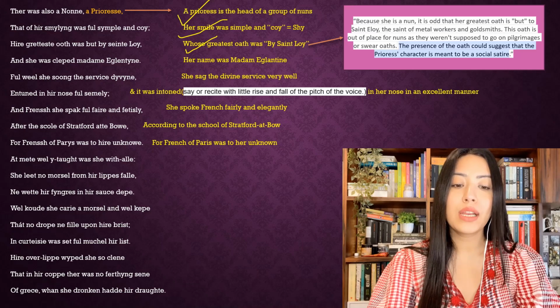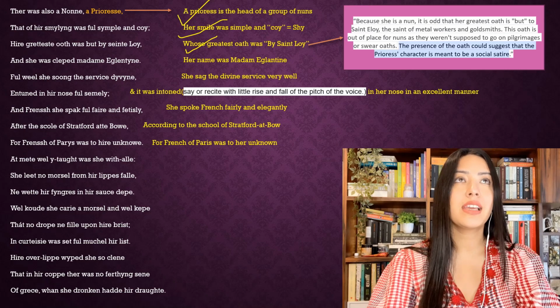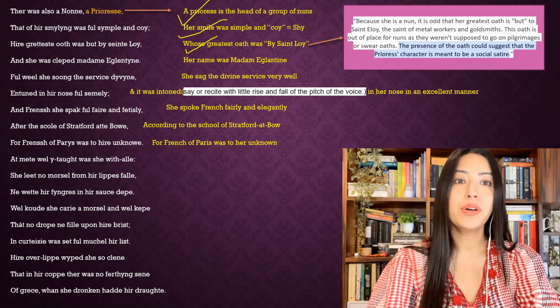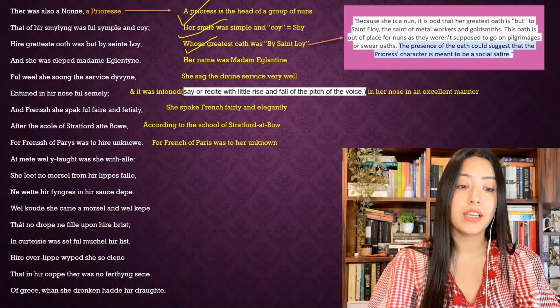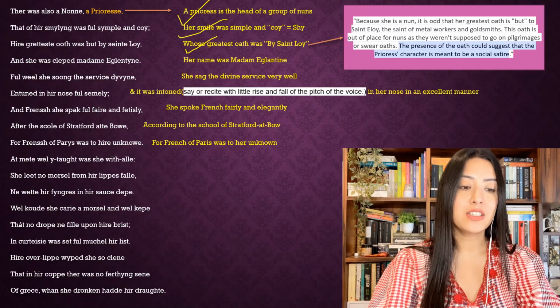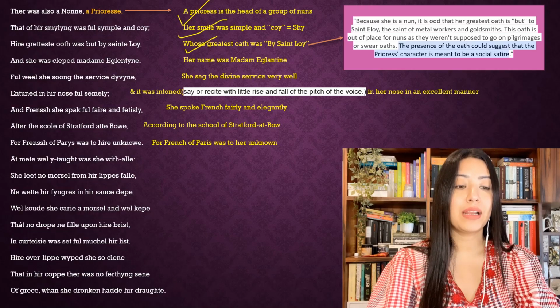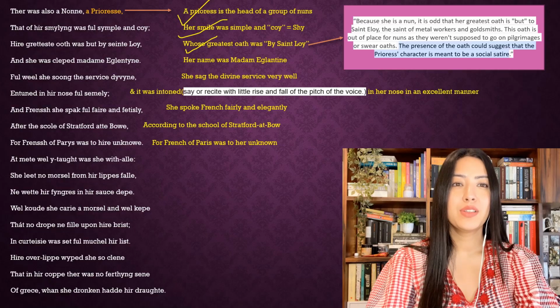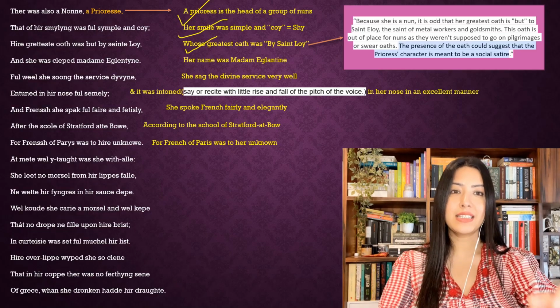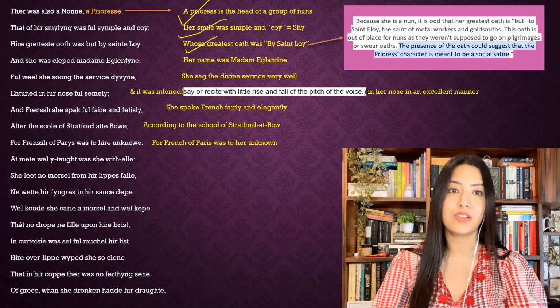So whose greatest oath was by Saint Loy? This is again a contrast, because Saint Loy was the saint of goldsmiths. Okay, so because she is a nun, it is odd that her greatest oath is to Saint Loy, the saint of Saint Eloy, the saint of metal workers and goldsmiths. So in the first instance itself, you get this worldly touch to the nun.